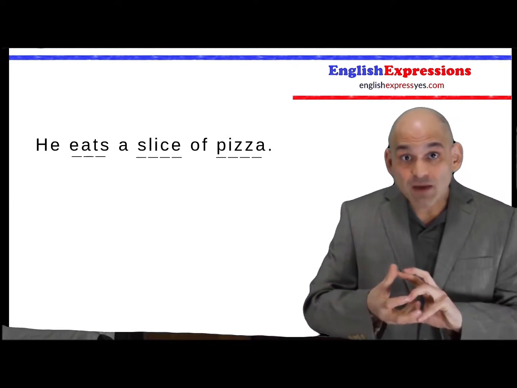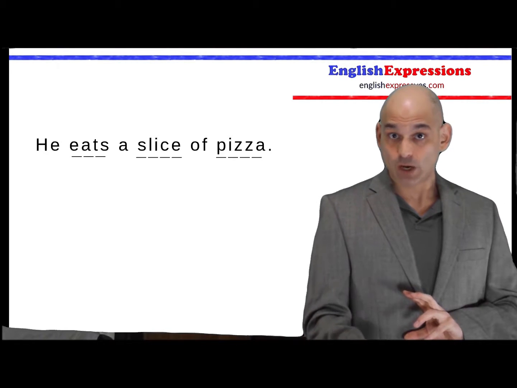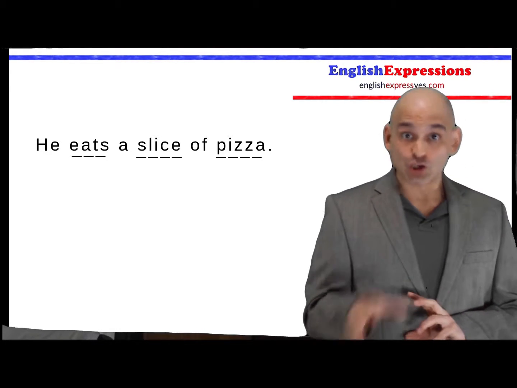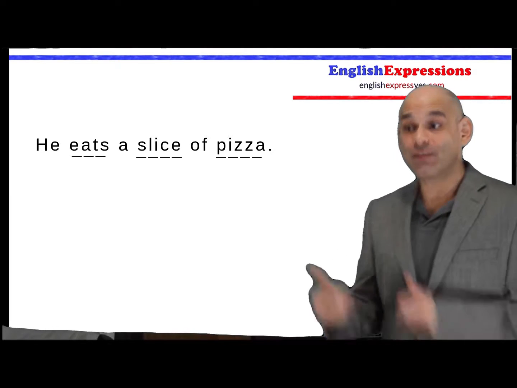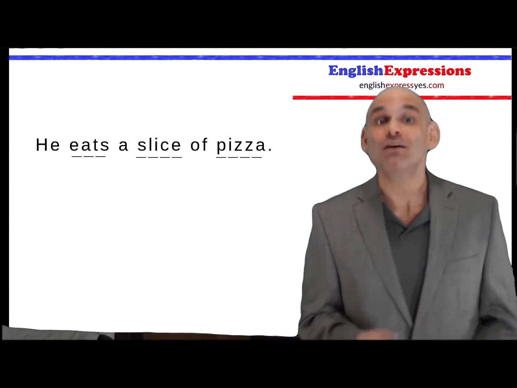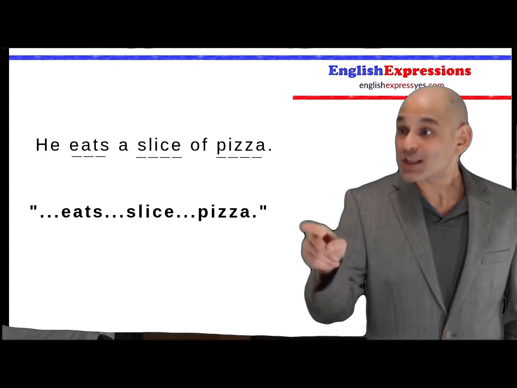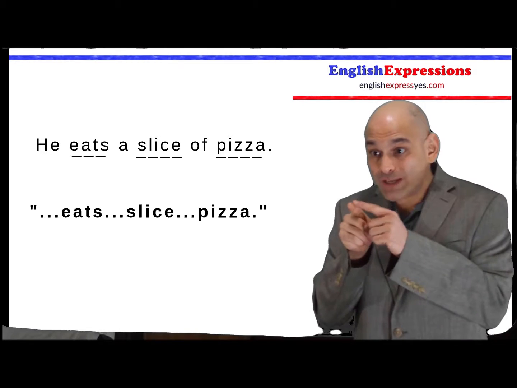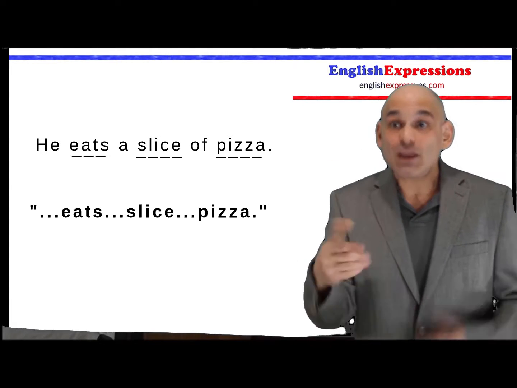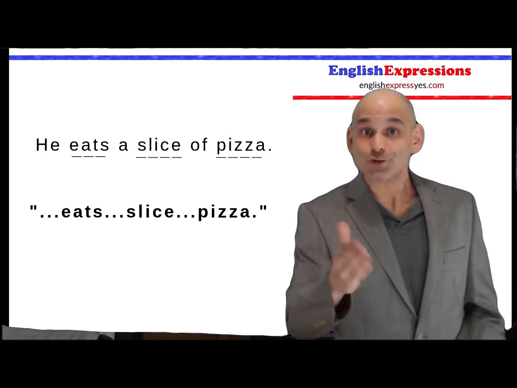If we change them or if we don't say them, it will change the meaning of the sentence, right? So, also, if we only say those words, the person will understand us. For example, eat sliced pizza. Eat sliced pizza. And if I point to the man, he, then you understand who I'm talking about, right? Eats sliced pizza. You understand.